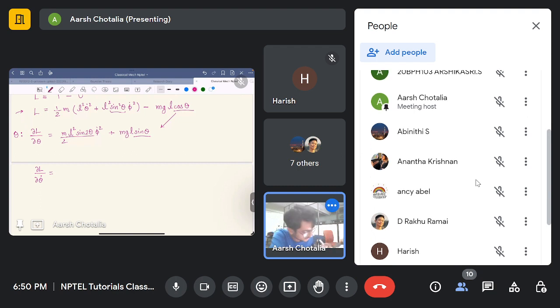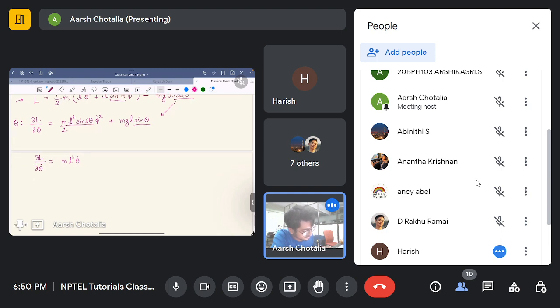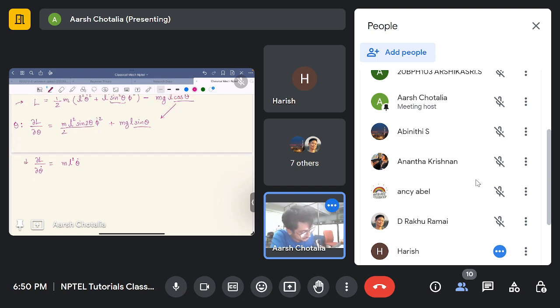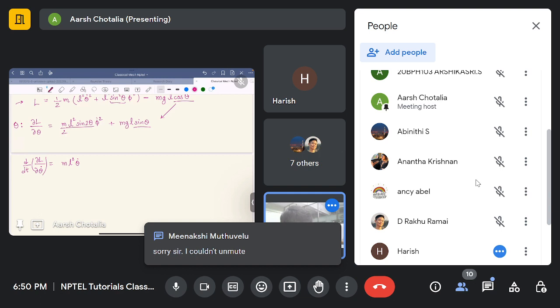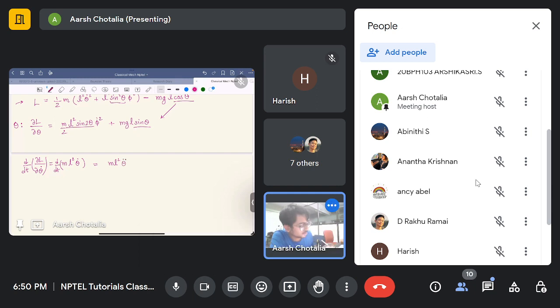Harish, you tell me. m L squared theta dot, because the 2 is cancelled by the denominator. Now you take the time derivative. So m L squared theta double dot.